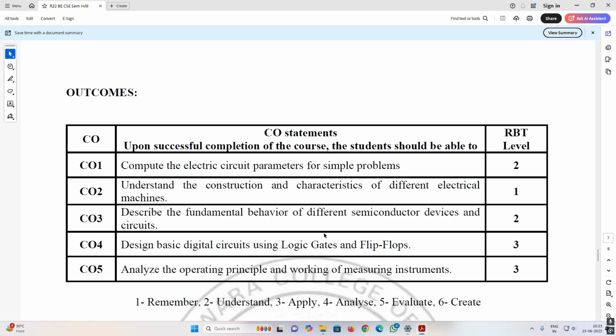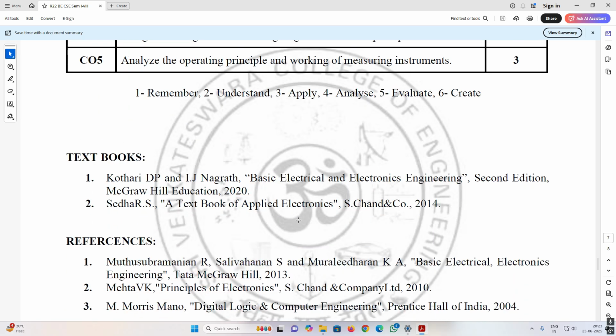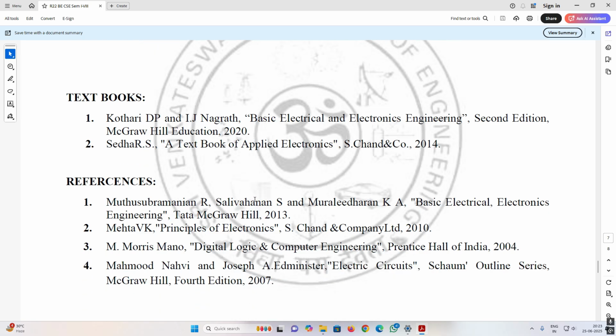So this is the introduction to the course, and the books recommended. As textbooks, they have recommended two things. One is Basic Electrical and Electronics Engineering by Kothari and Nagrath, and for electronics, A Textbook of Applied Electronics by R.S. Sedha. And some references they have given.